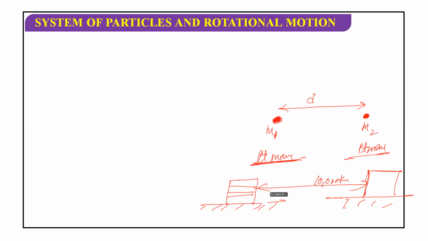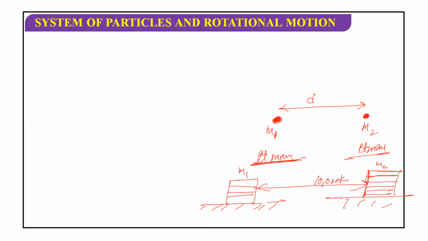So when we talk about very far, 10,000 kilometers away, this building dimension will be negligible, right? So in that case, we can assume this to be M1 and M2. Remember, this formula is applicable for point masses.